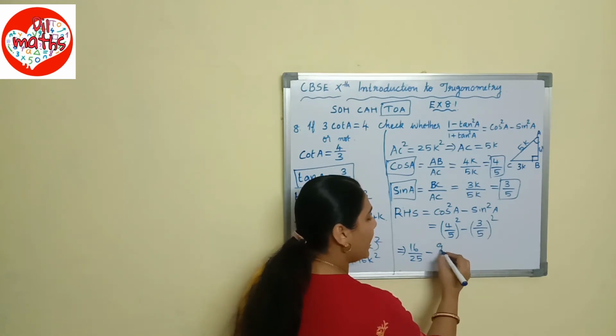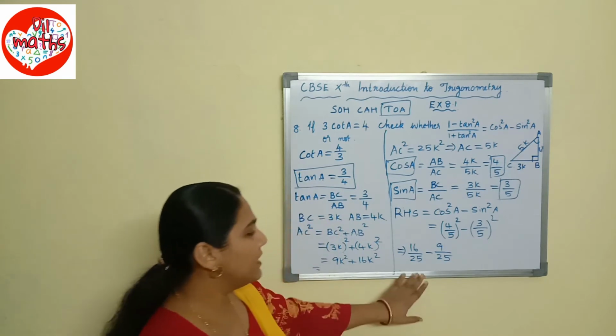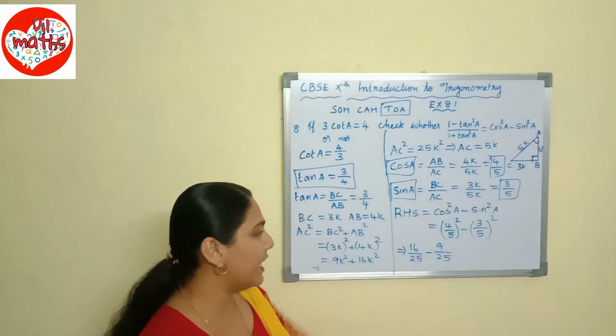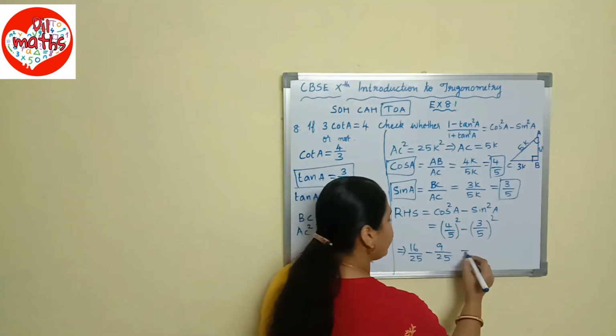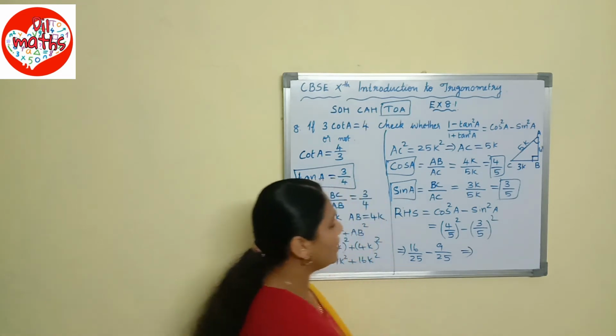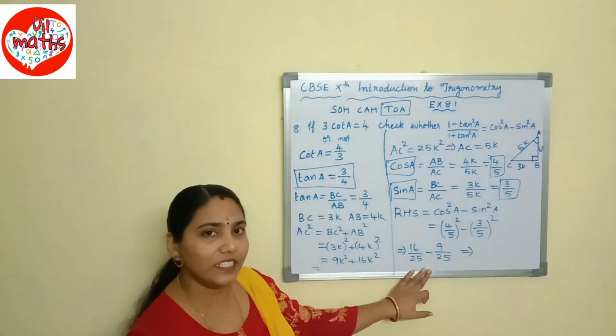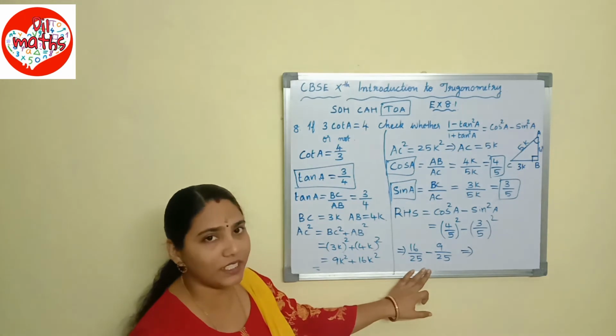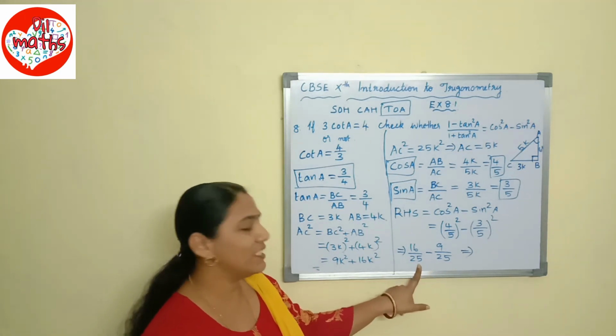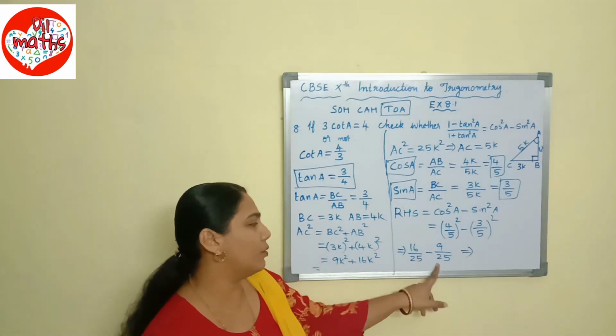3 square is equal to 9, so 9 divided by 5 square, which is 25. We get 16 divided by 25 minus 9 divided by 25, isn't it? Here the denominators are the same, 25 in both.